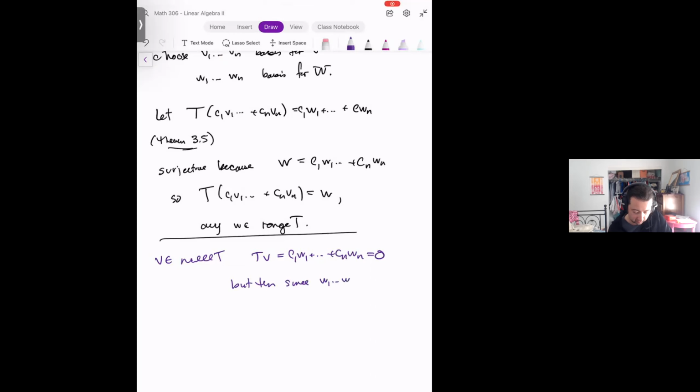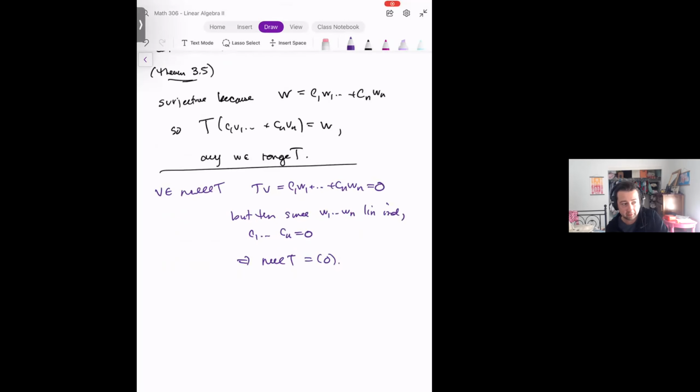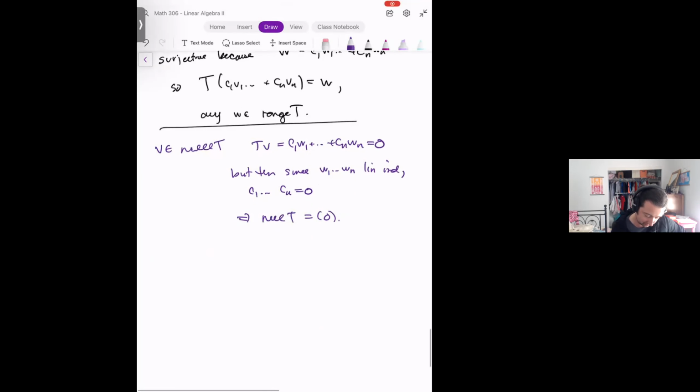Since W1 to Wn is linearly independent, C1 up to Cn are all equal to 0, which implies that the null space of T is just the 0 vector. So we have a map that is injective and surjective, and so T is invertible. But then that means that V and W are isomorphic.